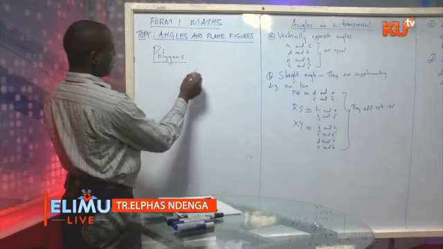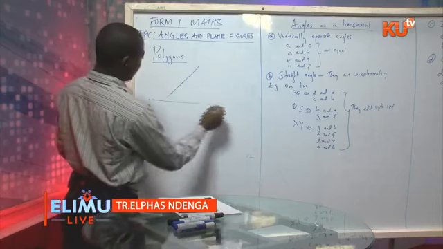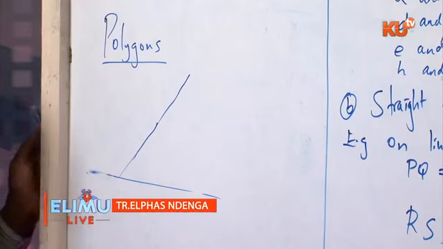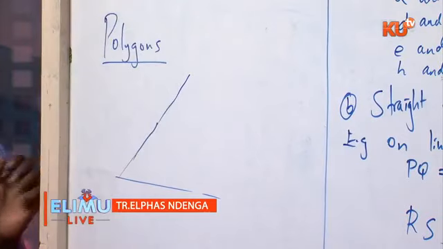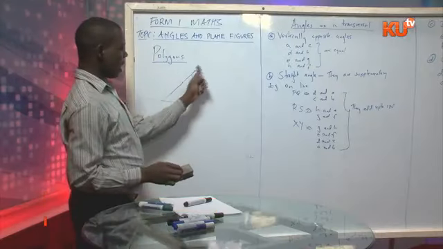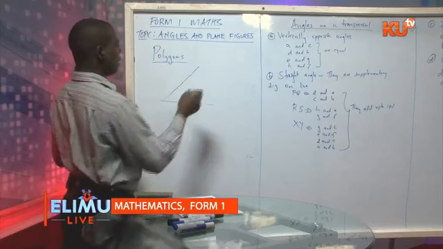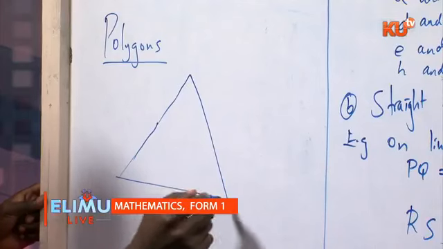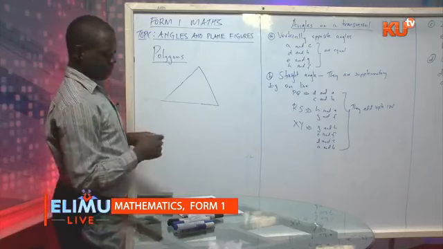Remember, if I have this line and this line, when these 2 lines meet at a point, what is formed is an angle. If I just draw this, I've obtained an angle. But when I bound this with more than 2 straight lines, I now start seeing figures. I'll repeat.